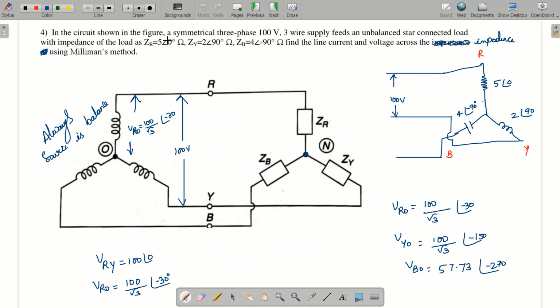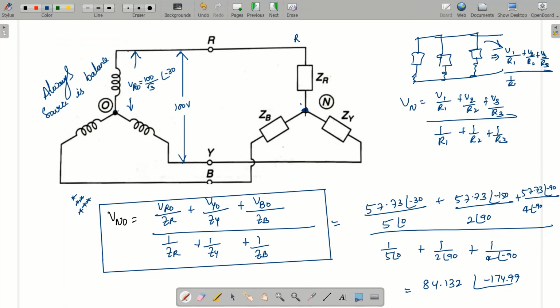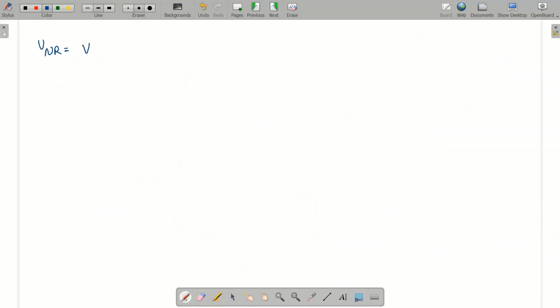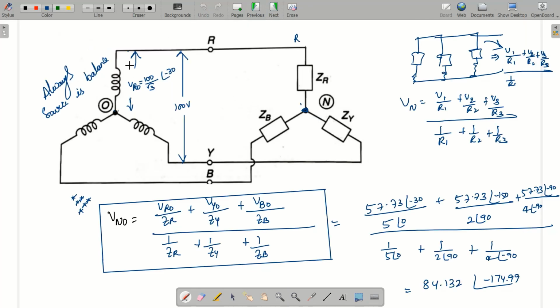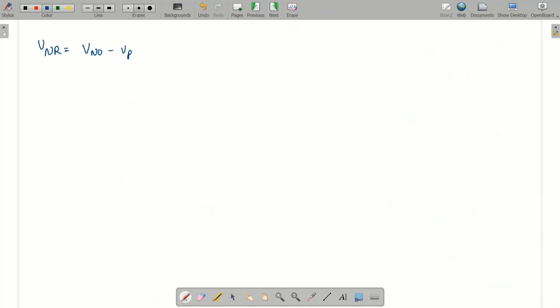First we will find VNR, the voltage from this point to this point. VNR equals this complete voltage minus this voltage. The complete voltage is VNO, so VNR is VNO minus VRO. From there, VRN equals VRO minus VNO.